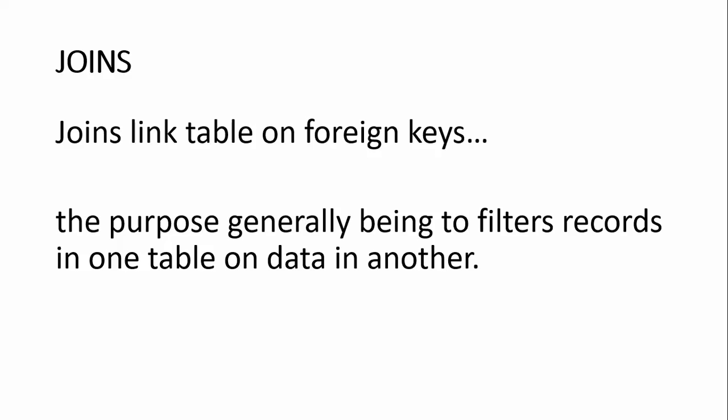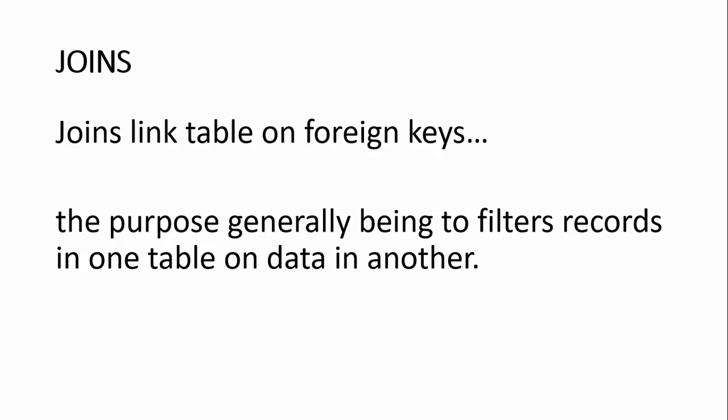Now here's the big thing. This is very important, because most of the data is broken up into multiple tables, and when you're trying to retrieve records, you're not just trying to find the data from one table. You're trying to pull out data from multiple tables that are somehow related, and that's what a join allows you to do.